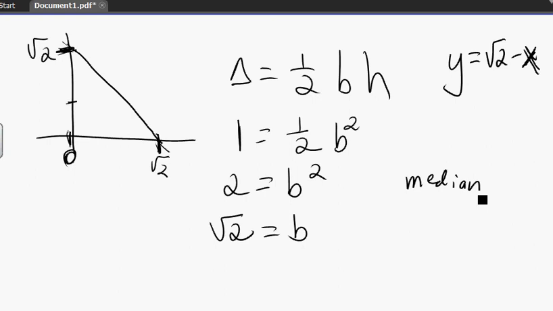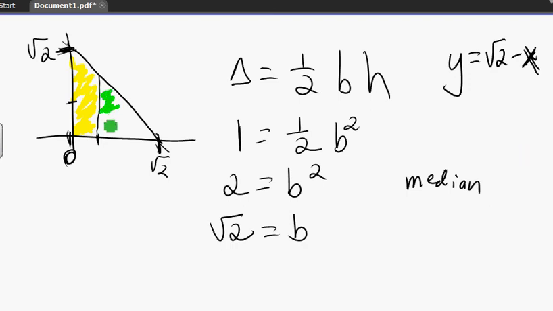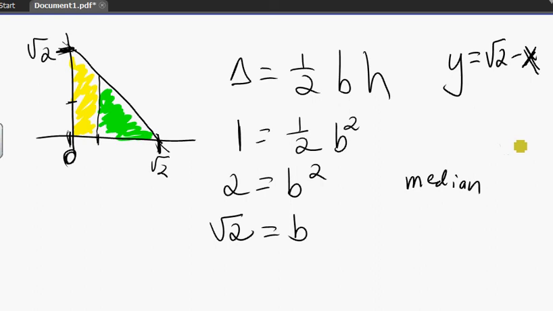So I need to figure out the point over here on the x-axis where half of my area is to the left and half of the area is to the right. All right, that's your problem to work on right now with your partner.